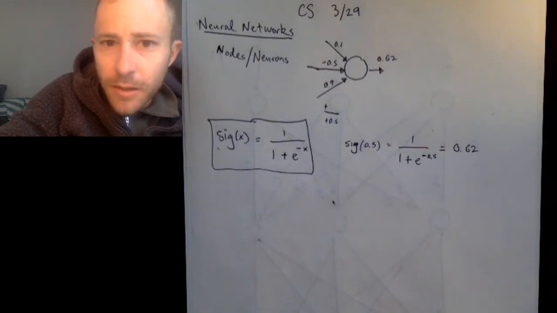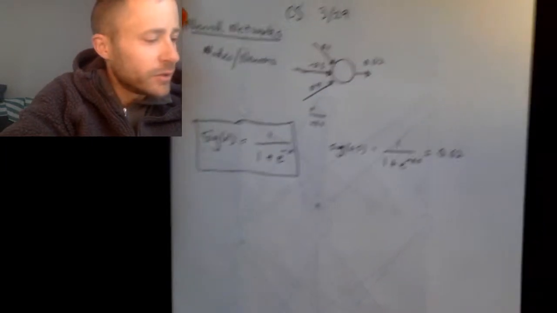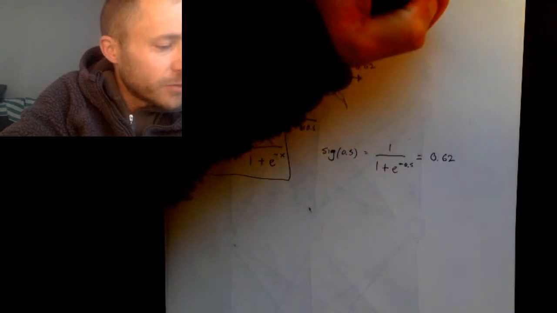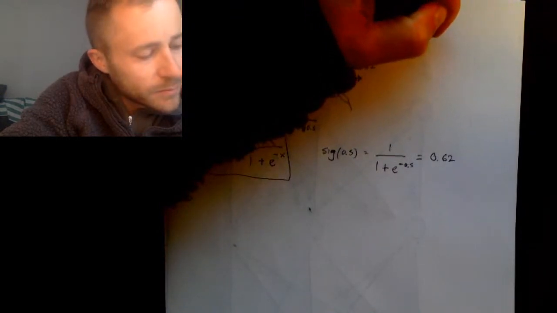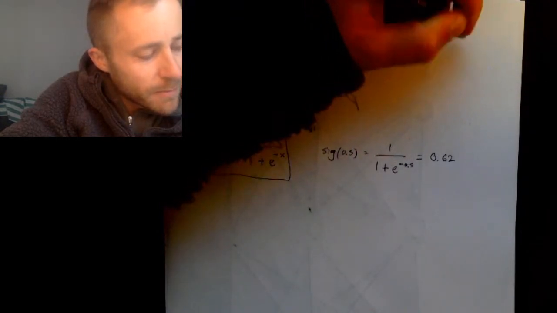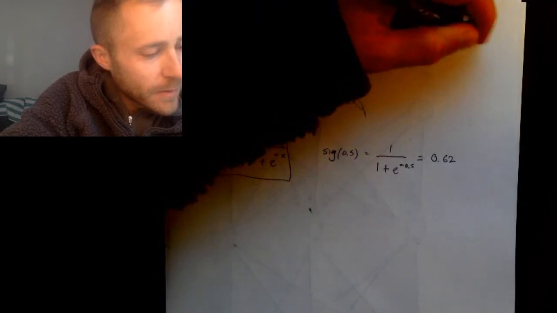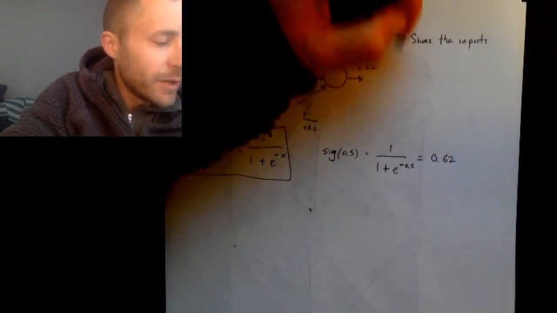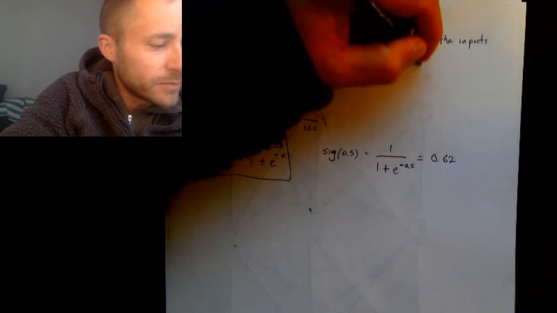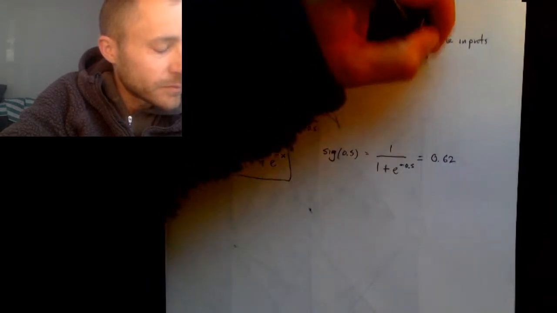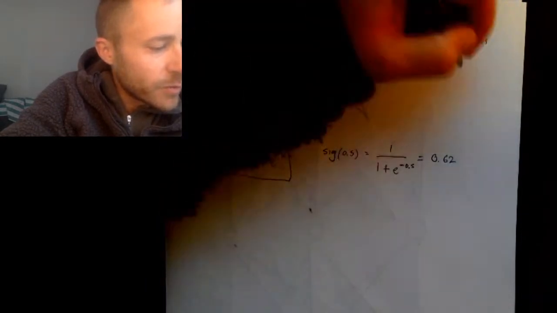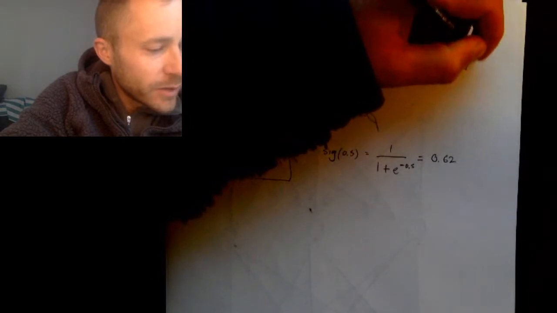So what the neuron does is it sums the inputs, and then it applies the sigmoid function to it to get an output.